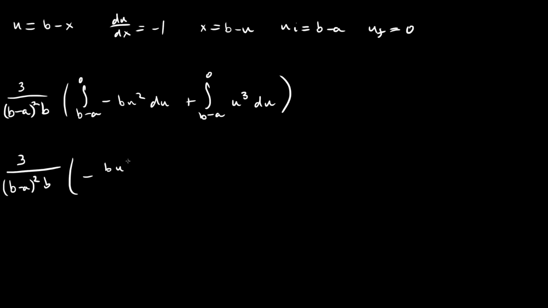The first integral will turn into b u cubed over 3 from b minus a to 0.